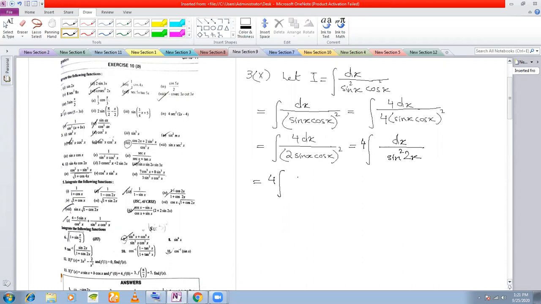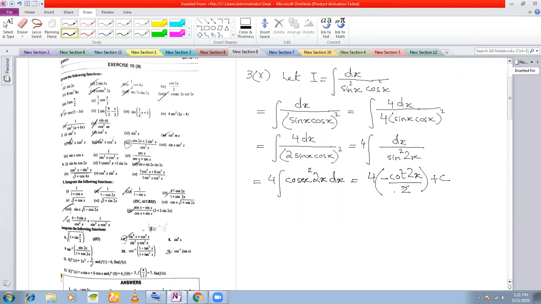4 integration dx. Now, what is 1 by sin square 2x? It is cosec square 2x. Now, what is the integration of cosec square x? It is minus cot 2x divided by the derivative of 2x, which is 2, plus c.